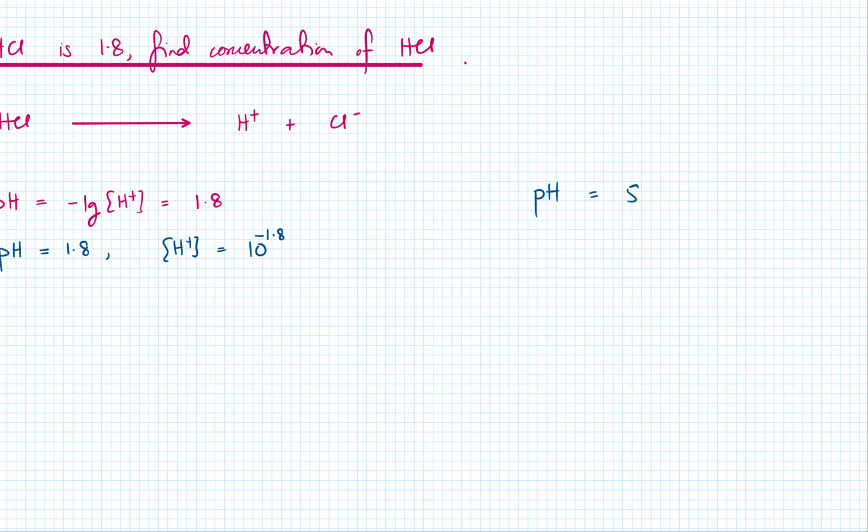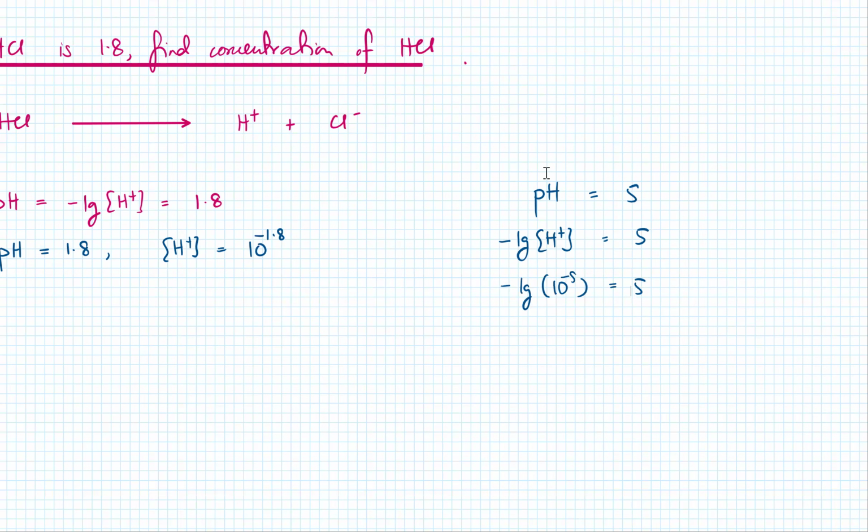So that means the negative log of the concentration of H plus 1 is coming out to be 5, right? And the only way that could come out to be 5 is that the H plus 1 concentration is actually 10 power minus 5. That's why it's coming out to be 5. So I want to go back.